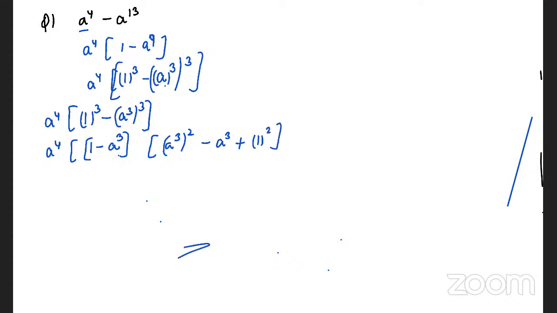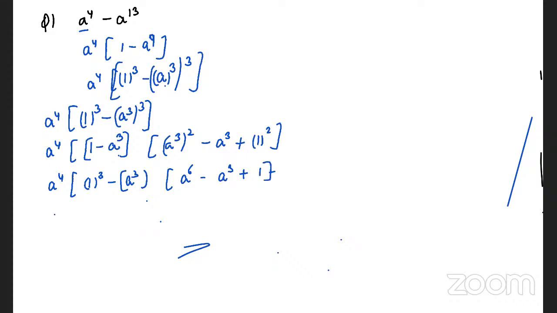Now this is again in the form of A cube minus B cube. This will again become the same, so it will become A to the power of 6 minus A cube plus 1.